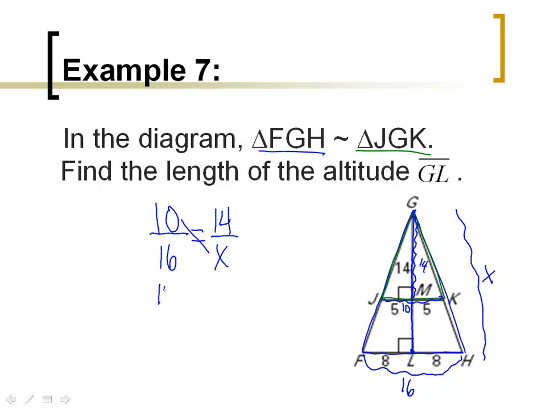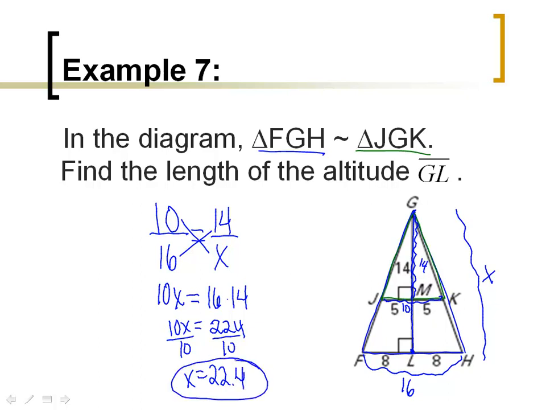Use cross products property again. 10x equals 16 times 14. Okay? So 16 times 14 is 224 equals 10x. Divide both sides by 10. And we have x equals 22.4. And that is the height of my altitude.